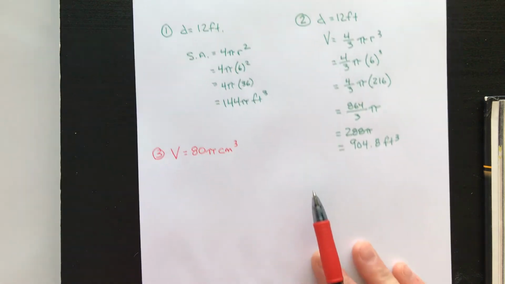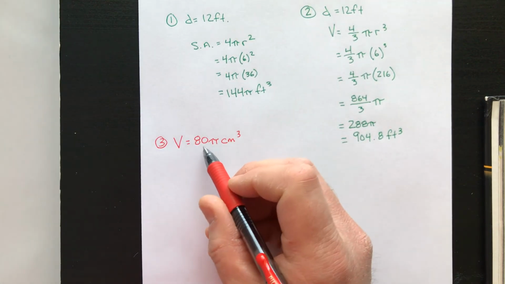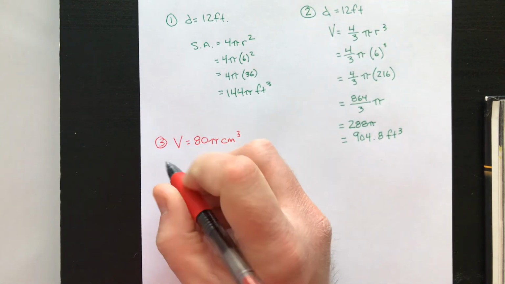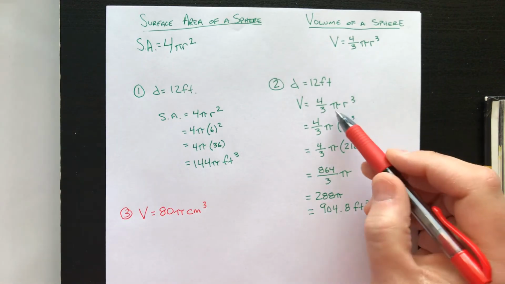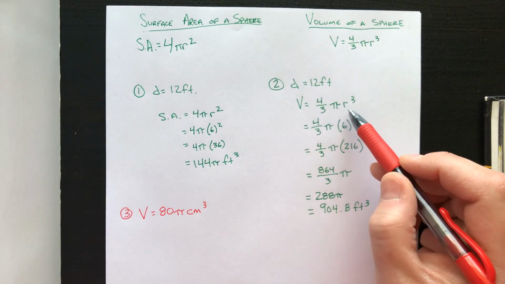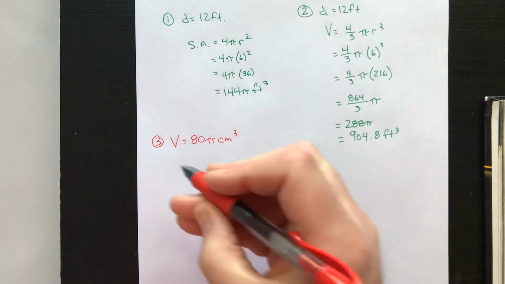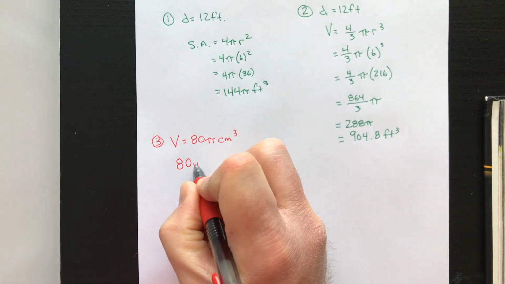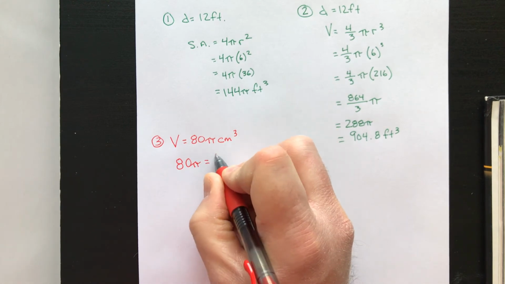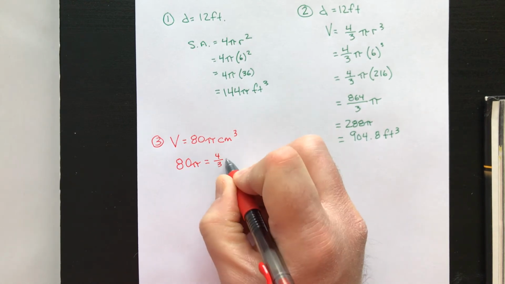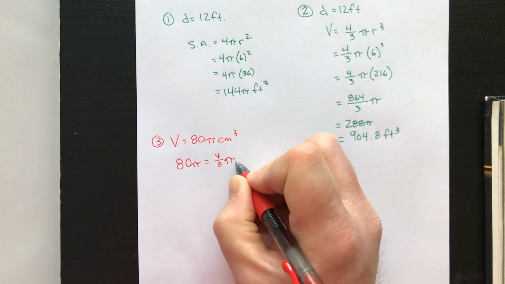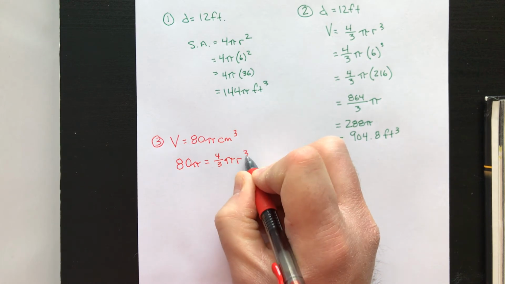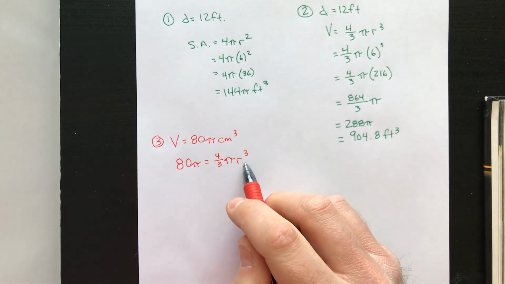So if we know that this is the volume, and we also know that the volume of a sphere is 4/3 pi r cubed, then we can just say that the volume, which is 80 pi, is equal to 4/3 pi r cubed. And we're going to solve for r.